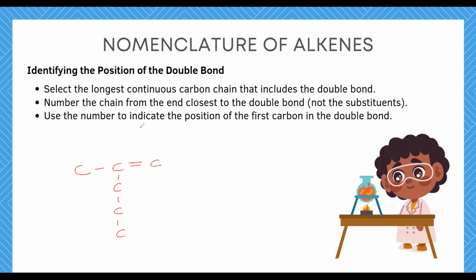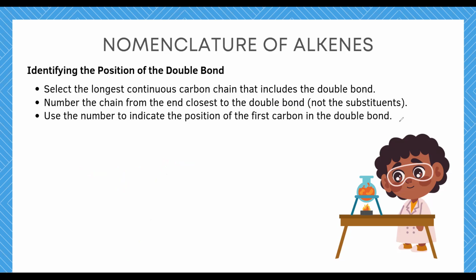But they said that we are to number the chain from the end closest to the double bond. So between this end and this end, which one is closest to the double bond? The one that is going down. Yes, that one is closer to the double bond. So that's what the rule is saying. We'll start counting from here: 1, 2, 3, 4, 5. That is how we are going to number the compound from the end that is closest to the double bond.